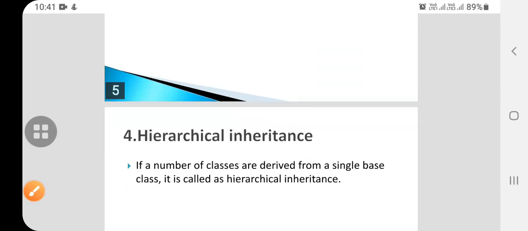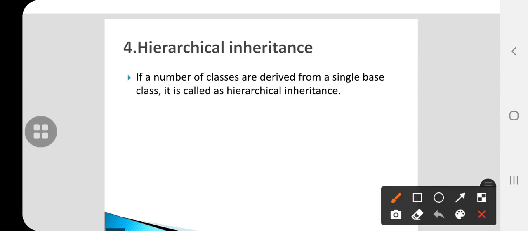So next we will move on to the 4th type of inheritance, that is hierarchical inheritance. Hierarchical inheritance is where the number of derived classes can be more. If a number of classes are derived from a single base class, then it is called hierarchical inheritance.